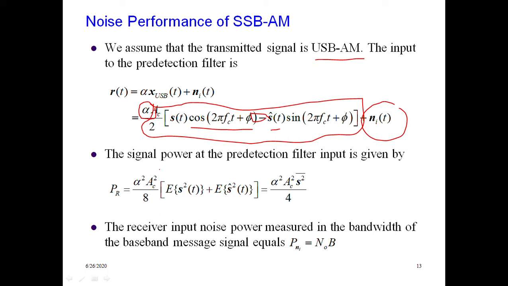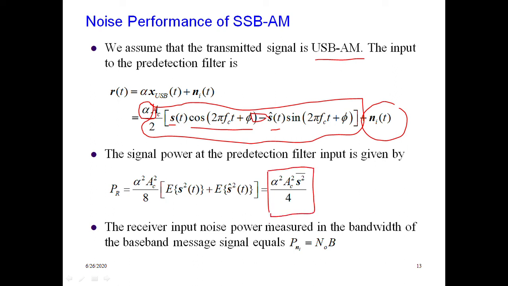The signal power at the pre-detection filter means we have to square alpha AC and also S. So AC squared divided by 2 is this one, and we include the multiplication by 2, so we get this formula.